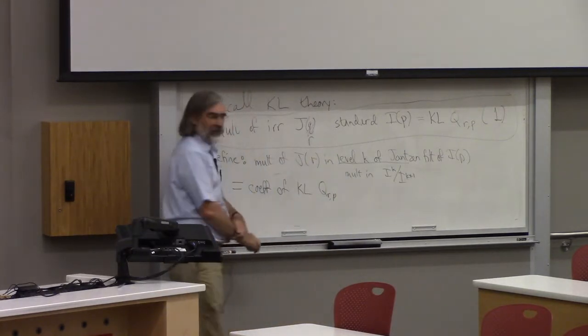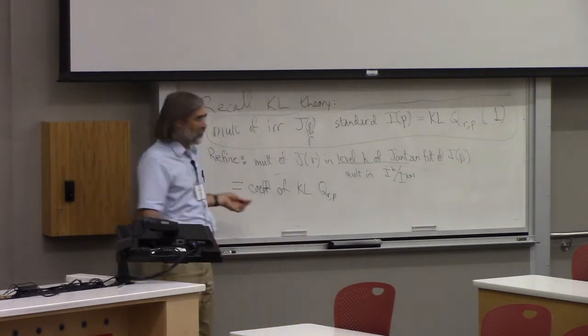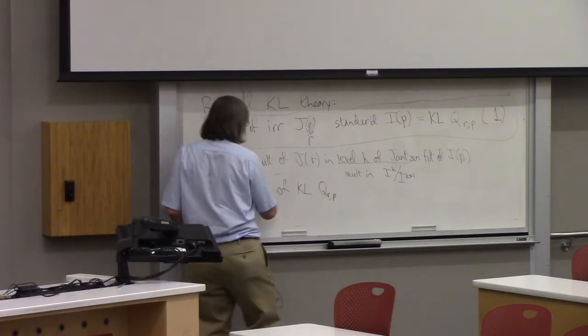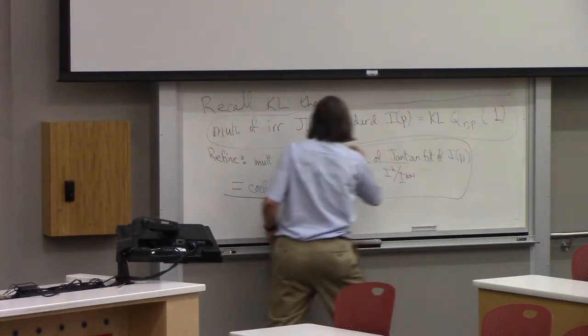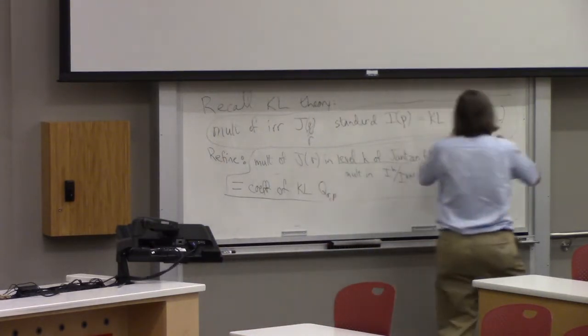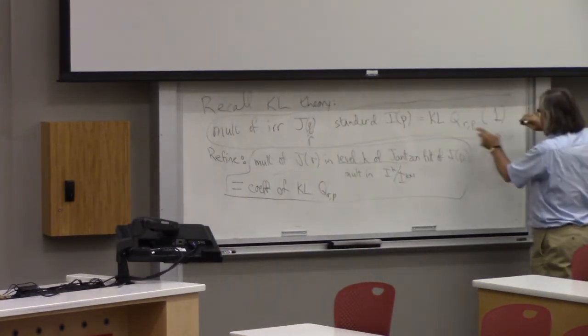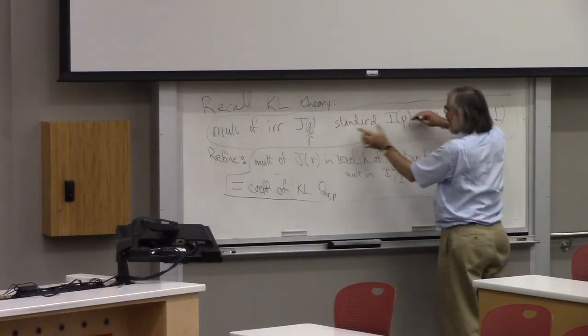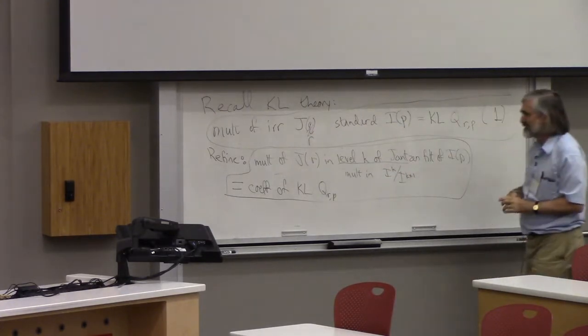I'm not going to write down the coefficient because I get it wrong, but the values of the polynomial are giving multiplicities in this big reducible representation.